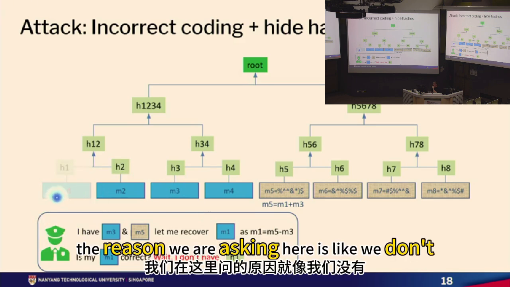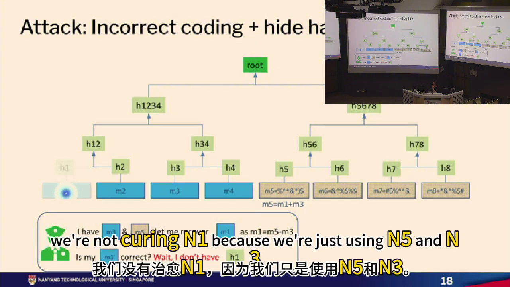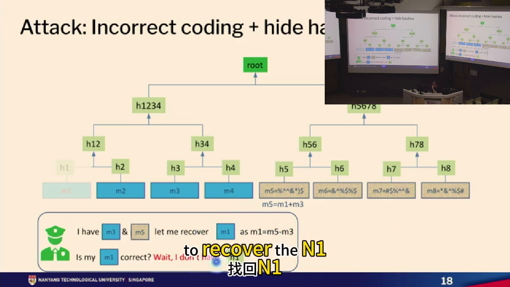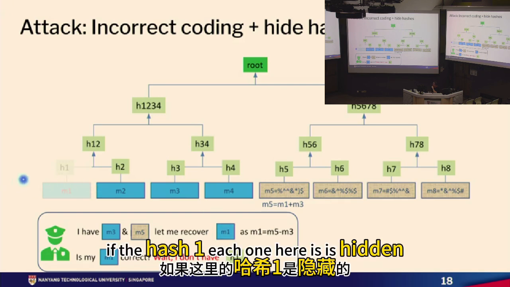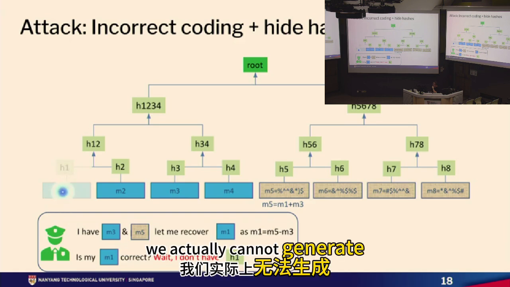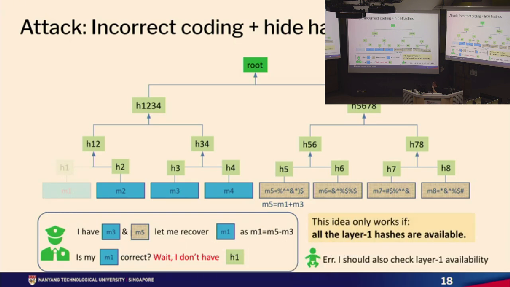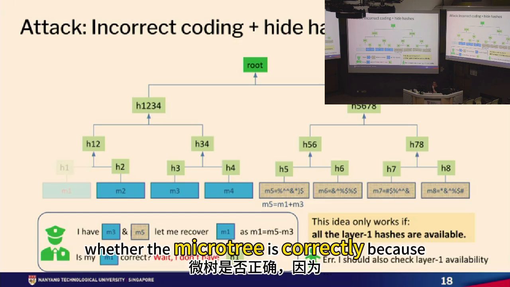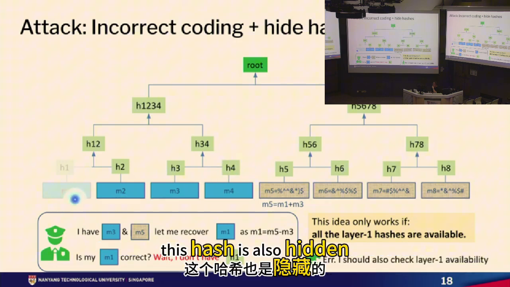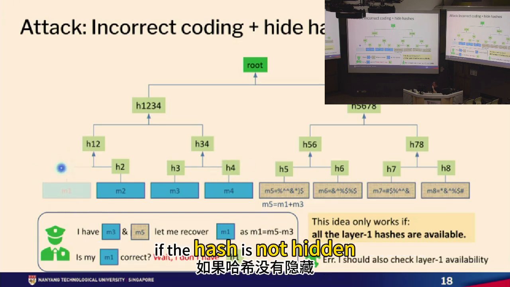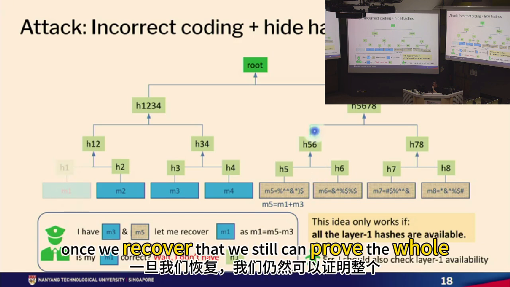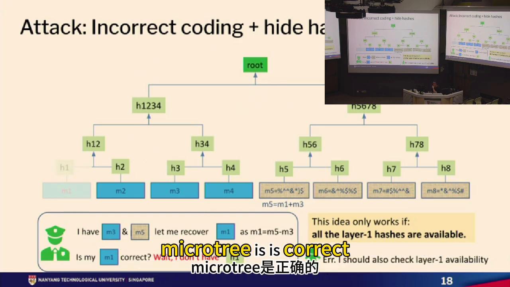The reason we are asking is that we are not querying M1, because we're just using M5 and M3 to recover M1. If the hash of each one here is hidden, we actually cannot regenerate the M1 block and double check whether the Merkle tree is correct, because this hash is also hidden. If the hash is not hidden, once we recover that, we can still prove the whole Merkle tree is correct.